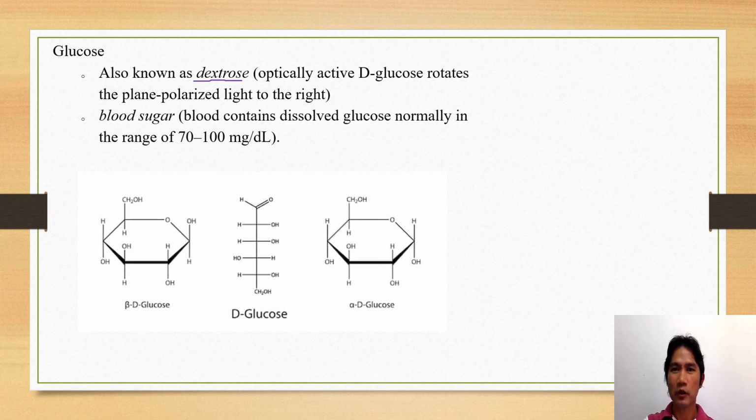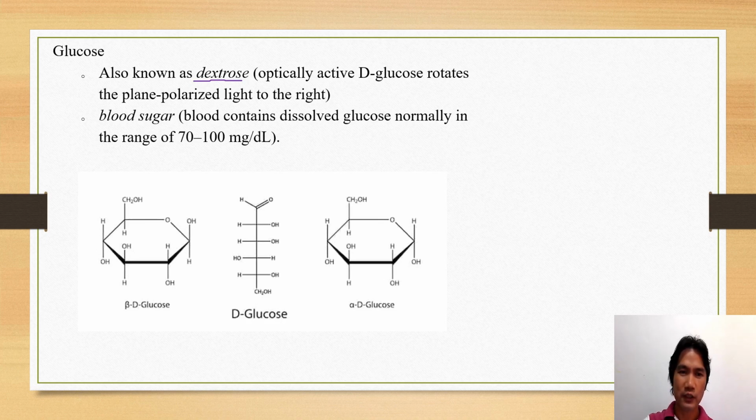D-glucose is capable of rotating the plane polarized light to the right. That's why it's called dextrose, dextrorotatory sugar. This is the main sugar in the blood, that's why it's also known as blood sugar.